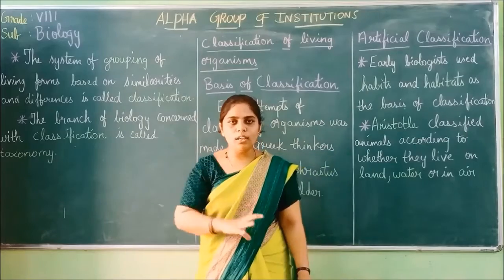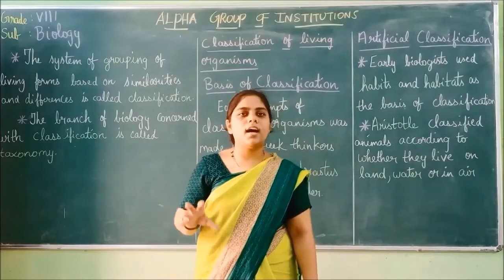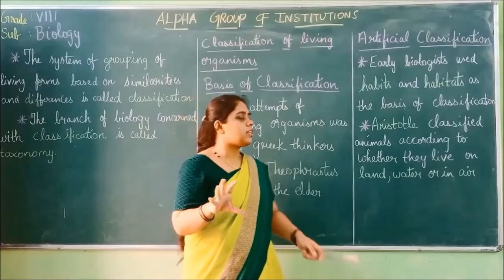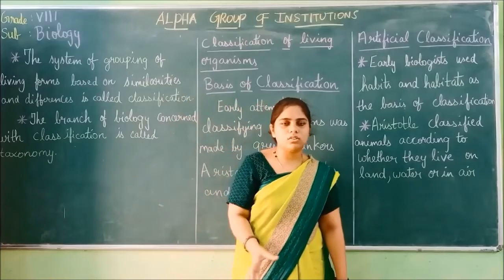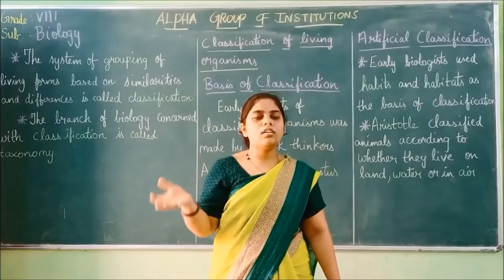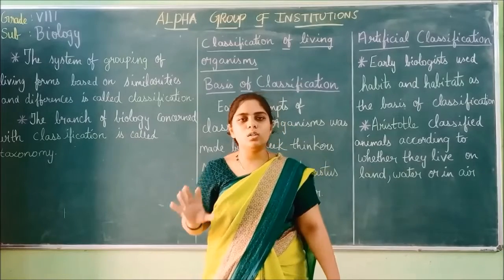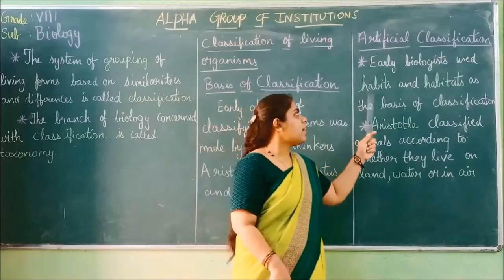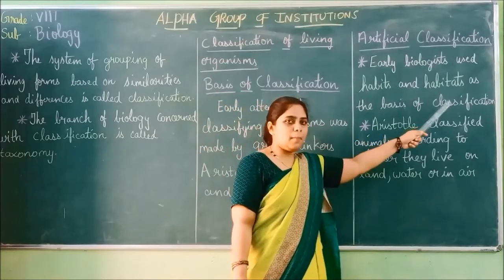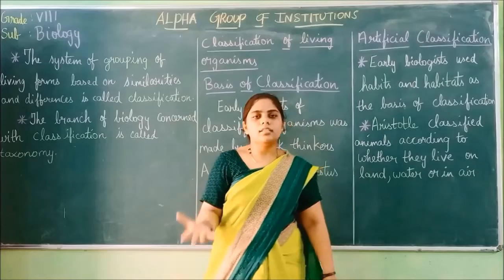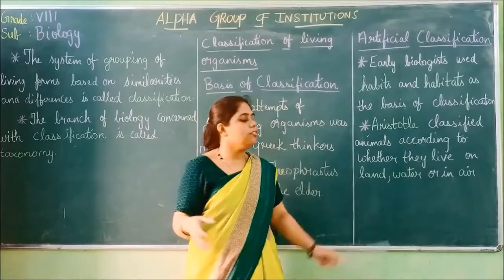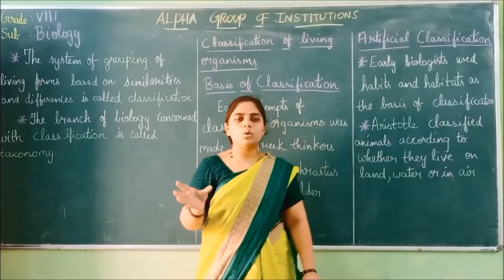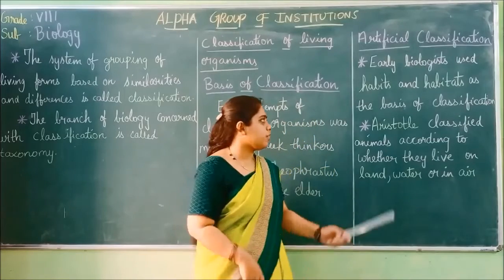So they took only these two criteria and classified all the organisms. In the starting stage, the external structure, the internal function and the color were not considered. Only two criteria: the habits, how the animals or plants behave, and the habitats where they live.